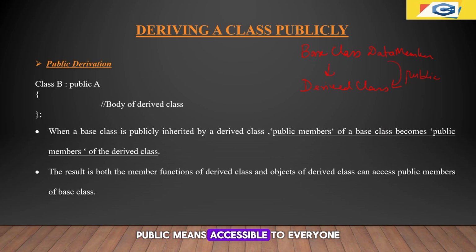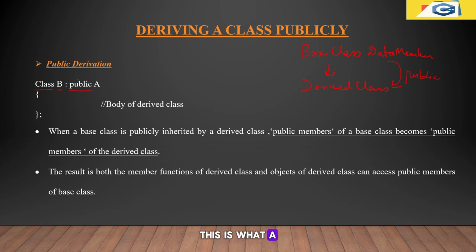Public means accessible to everyone, and we can access it from anywhere in a program. It means we are not giving any kind of restriction on the data members of the base class in the derived class.